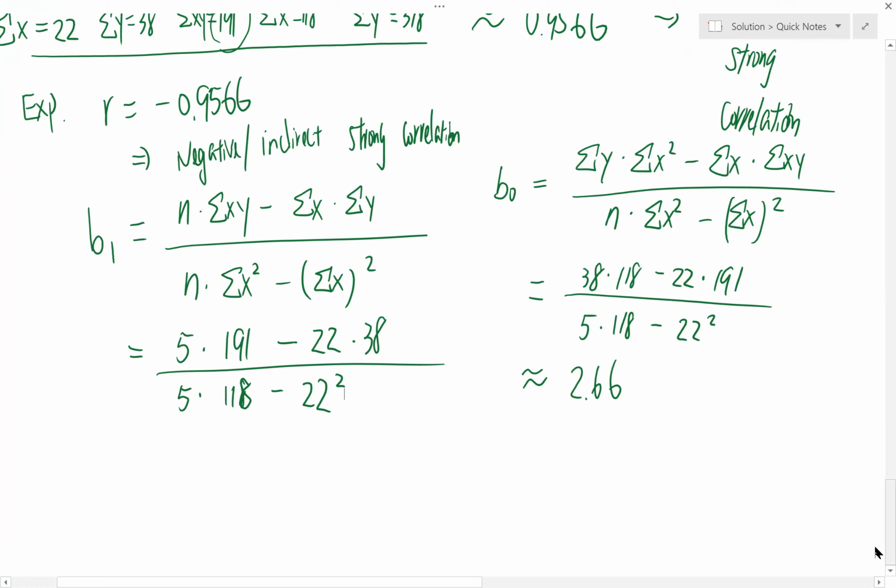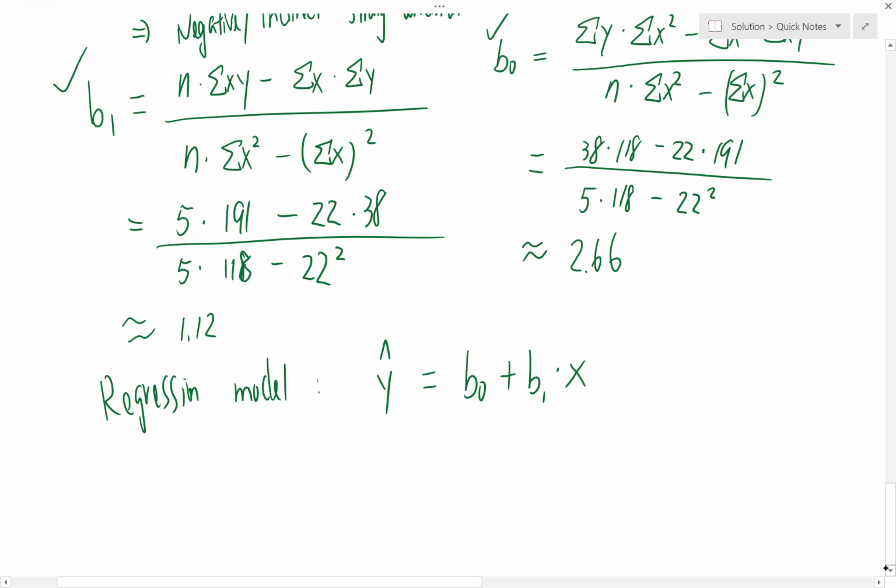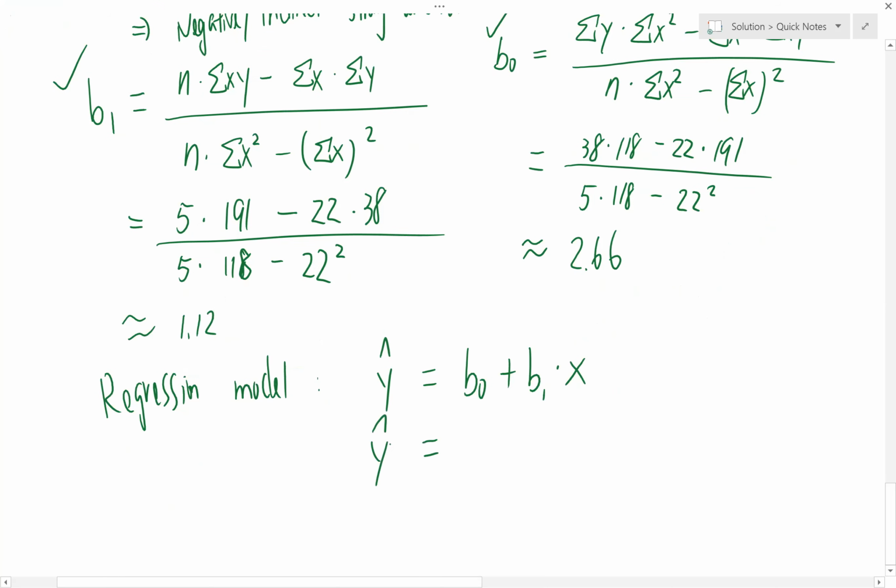Now that tells us we have the regression model ready. This simple linear regression model representing this relationship is the predicted y value. Think about it: why is it the predicted y value, not the actual y value? Why is this called predicted? It's B0 plus B1 times x. We have B0, we have B1. Now just put both numbers into the model, and you get a regression model.